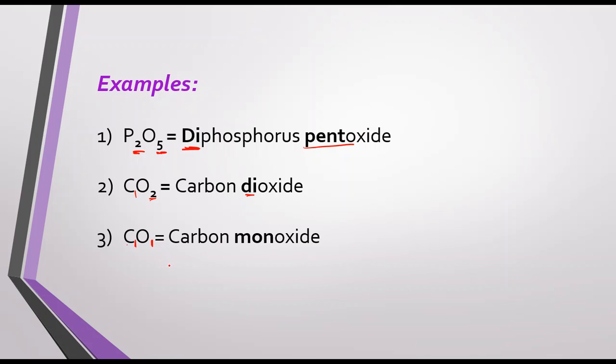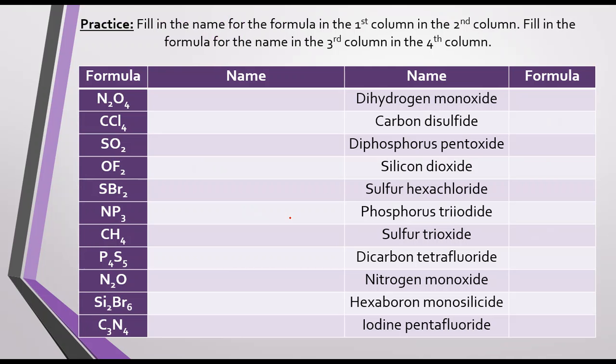You leave the mono off the first word, like we always do, but everything on the second one always has a prefix. So you would not leave mono off if it's in the second part of the compound. Carbon monoxide. So CO versus CO2: carbon monoxide, carbon dioxide.